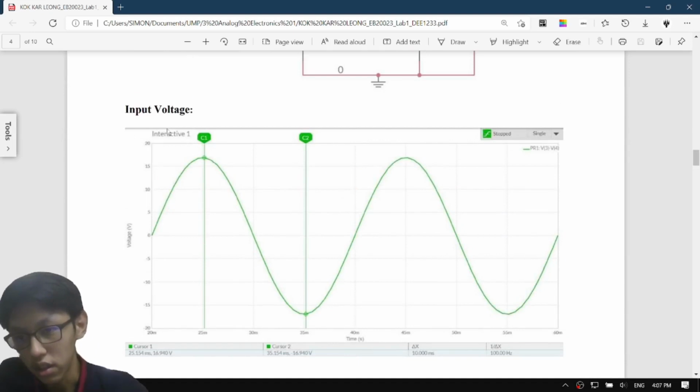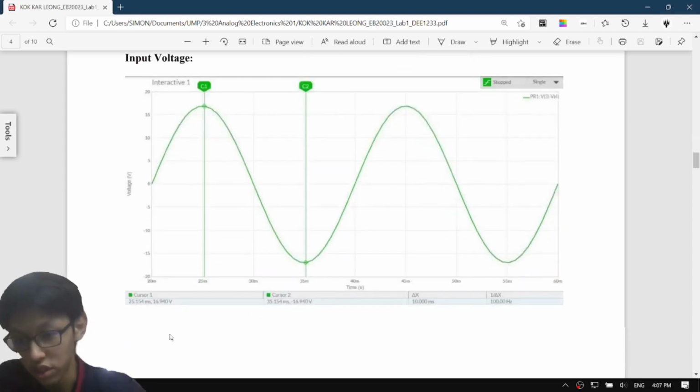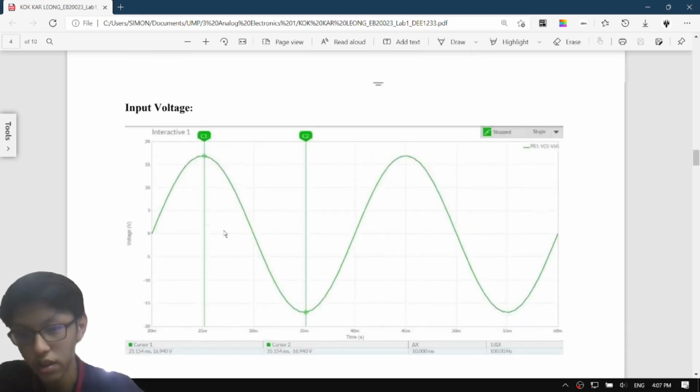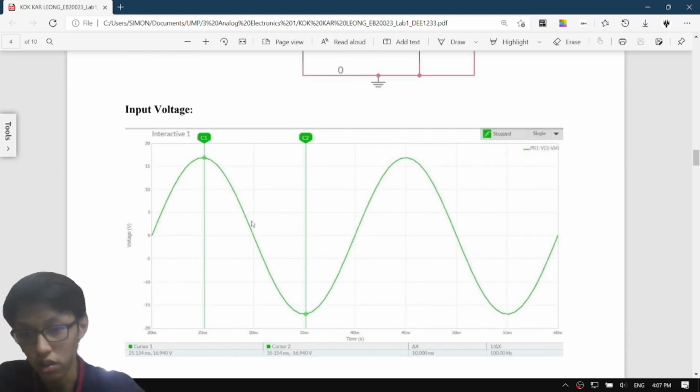So the voltage starts from 0 and goes through the V peak, which is 16.940, and then it goes through 0, this is a positive cycle. Next, it starts the negative cycle from 0 to the V peak, which is negative 16.940, and goes through 0 again, and here is the negative cycle.